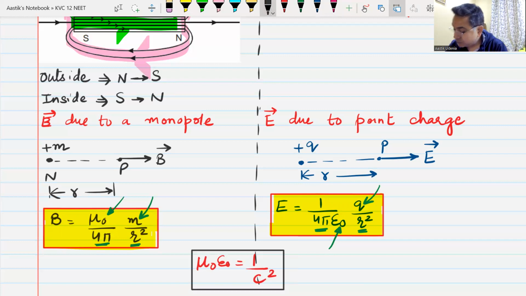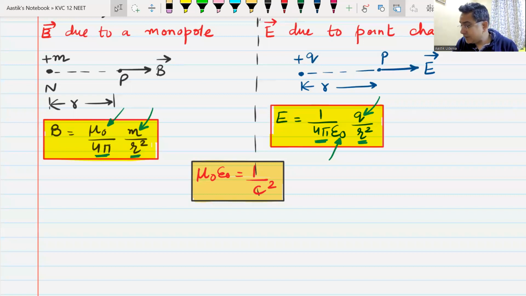So these two are related to each other with this formula, and therefore you will find wherever mu naught comes in the numerator, epsilon naught comes in the denominator. I'll give you 2 minutes to note this down. Once you have done, please let me know.